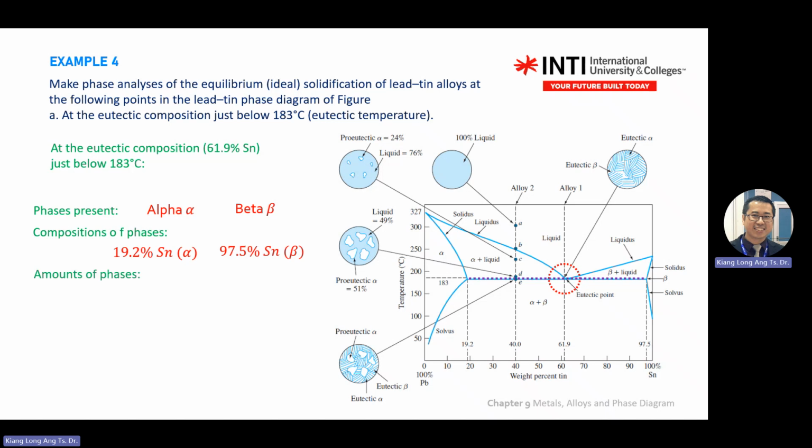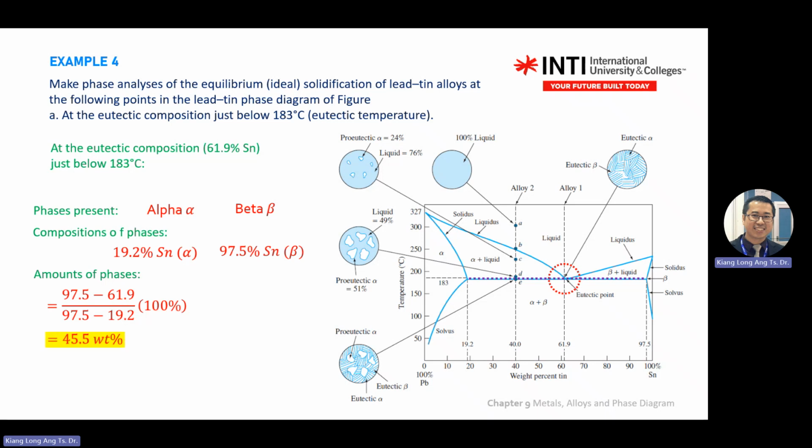The third piece of information is the amount of phases. For the amount of phases, you use lever rule analysis. How much alpha? Alpha is on this side, like solid and liquid. So you take this section over the total length.